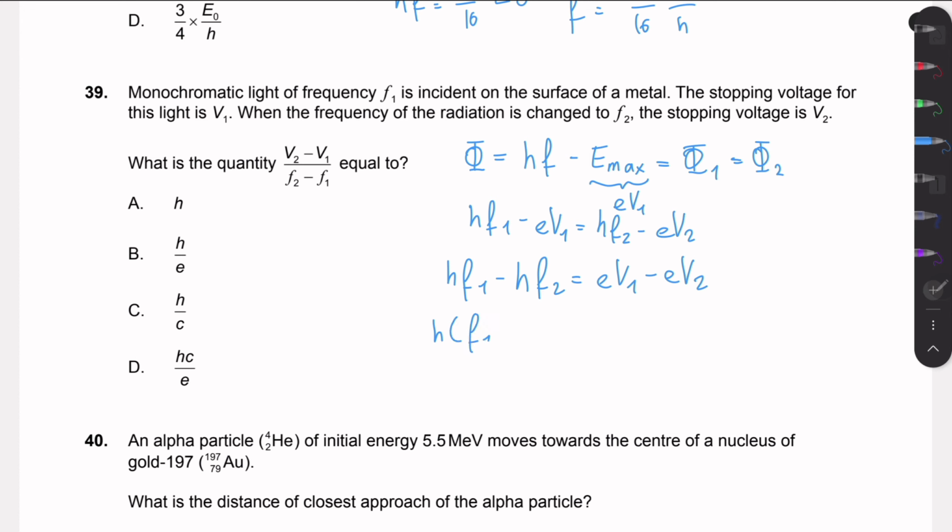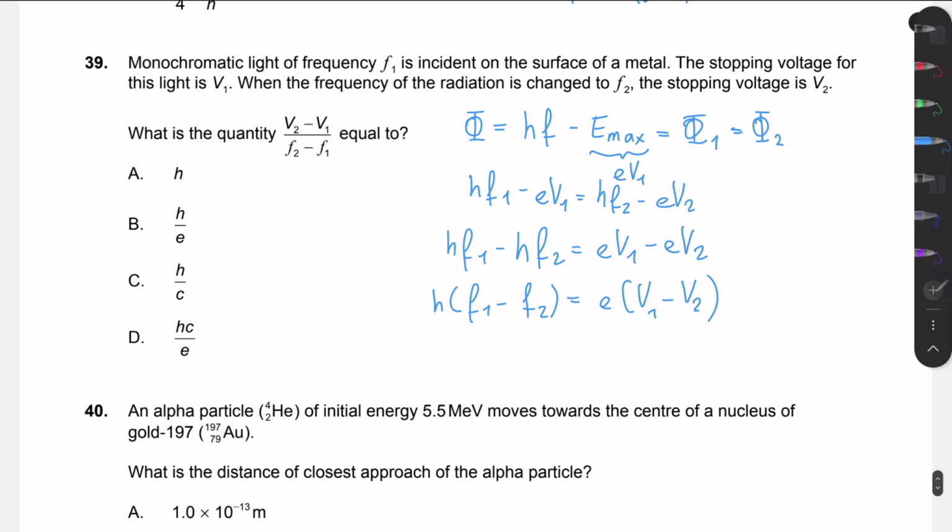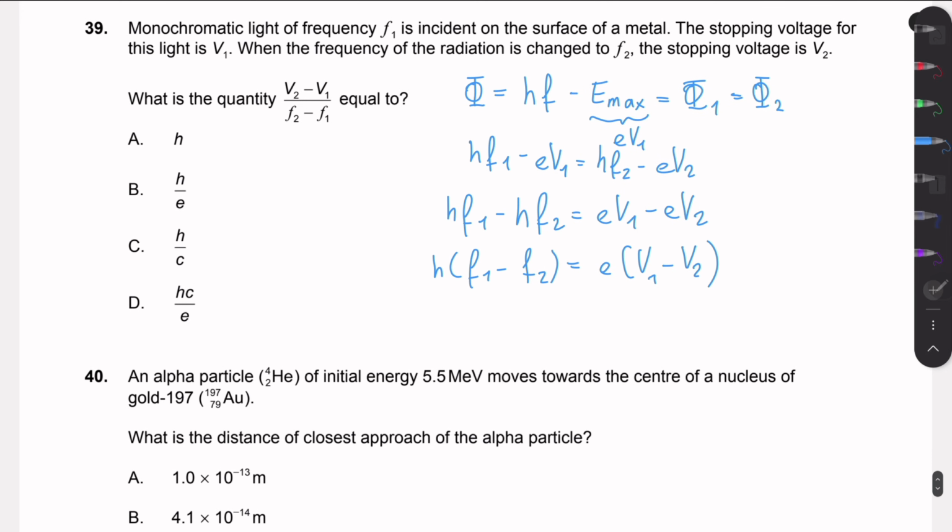So h times (f1 minus f2) is equal to e times (V1 minus V2), like this. And then we want V2 over V1, so we have to divide by e and divide by this. So h over e will be equal to V1 minus V2 divided by f1 minus f2.